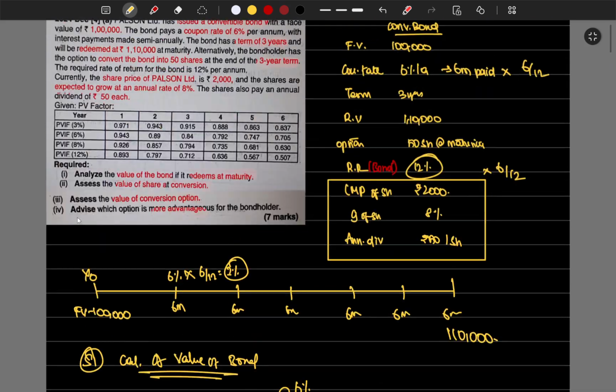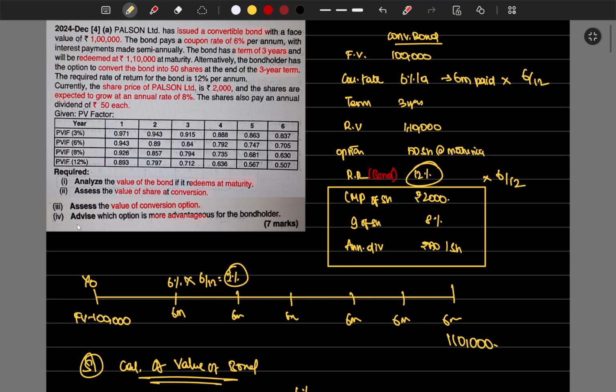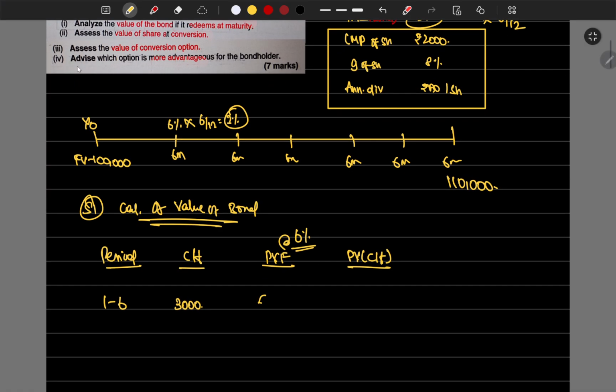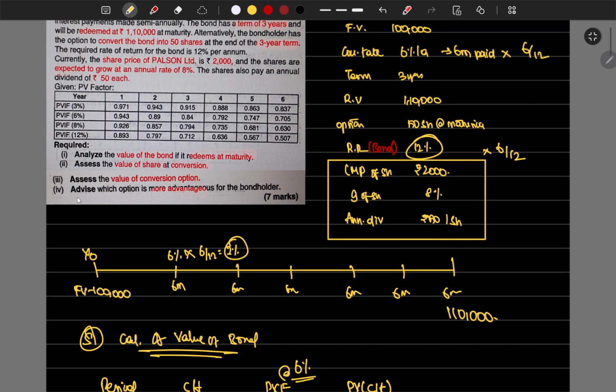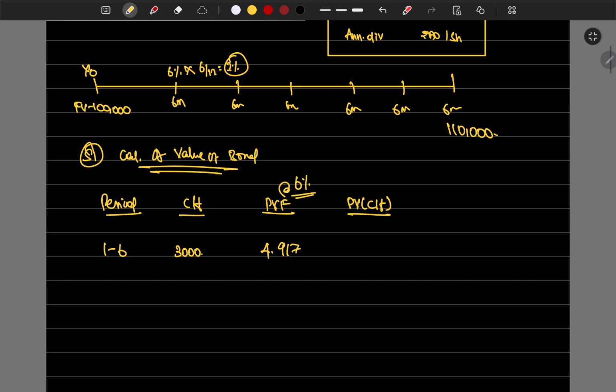The PV factor at 6% is 1 divided by 1.06 plus and so on. If you add all these, you get 4.917. So 4.917 into 3,000 is 14,751.97, the present value of the cash flows.